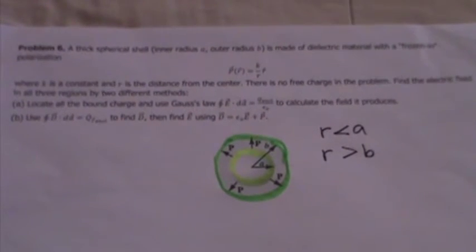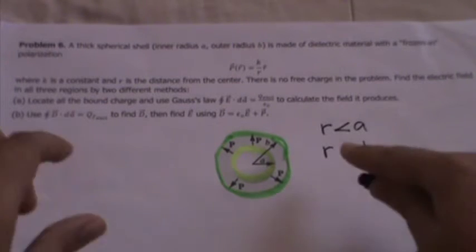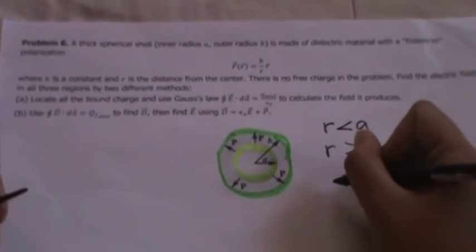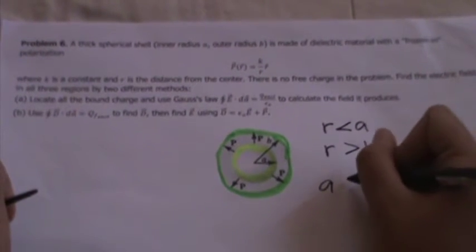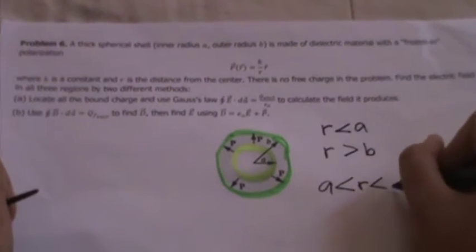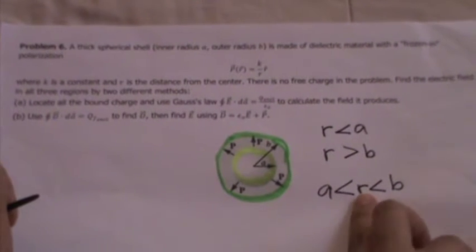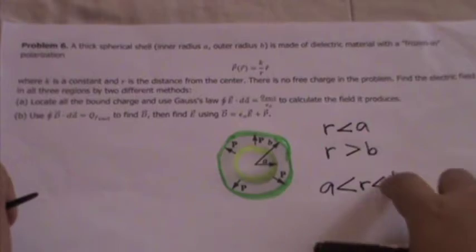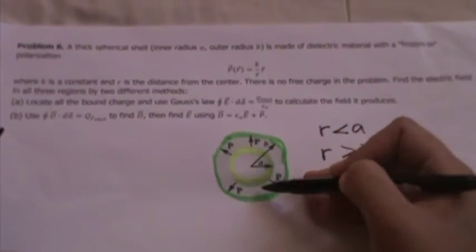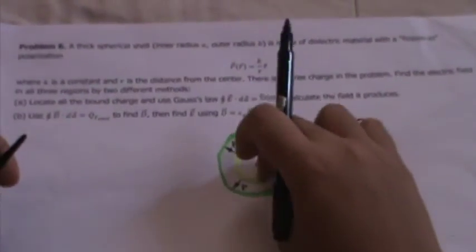And finally, we have the region where a is less than r and r is less than b. So we will be measuring this part between the surfaces, the volume of the shell.